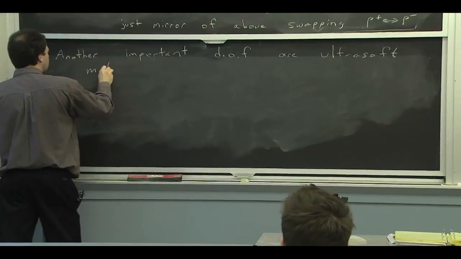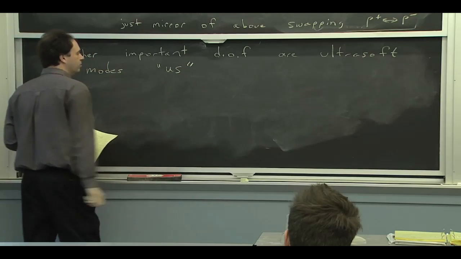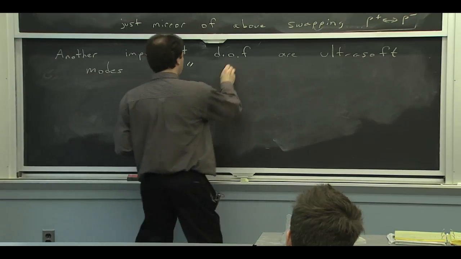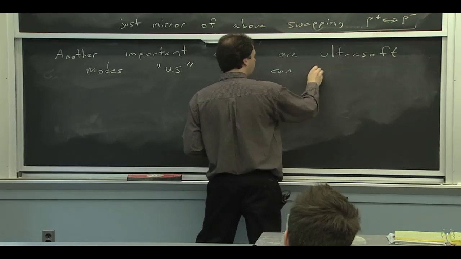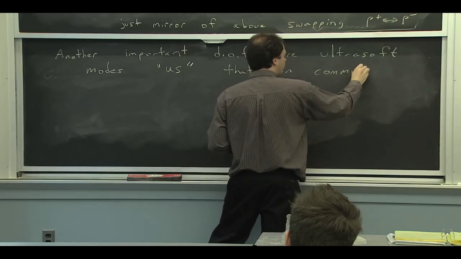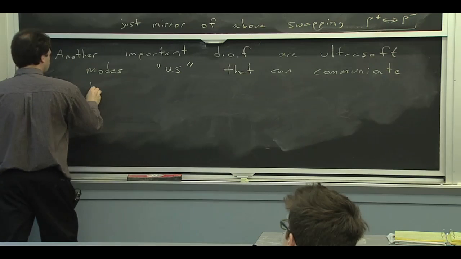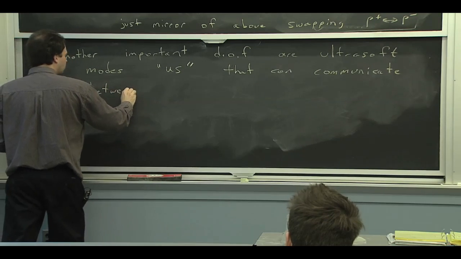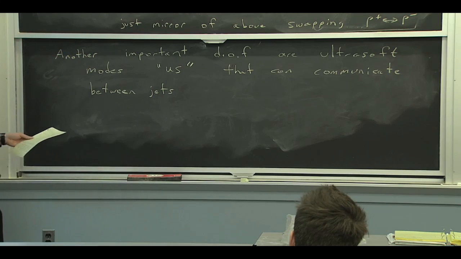So I'll call these guys ultrasoft modes. I'll label them by US for ultrasoft. And one way of thinking about physically what they're doing is that they're allowing you to communicate between the jets. There can be radiation that's radiated from one jet that interferes with the other jet.